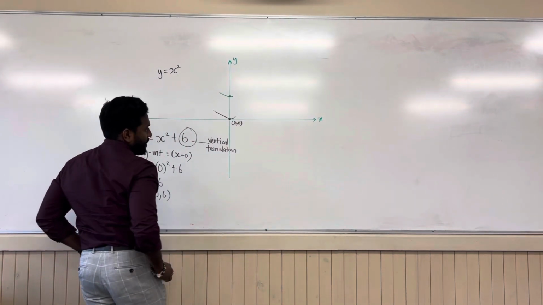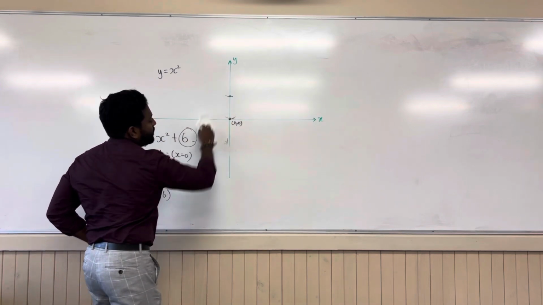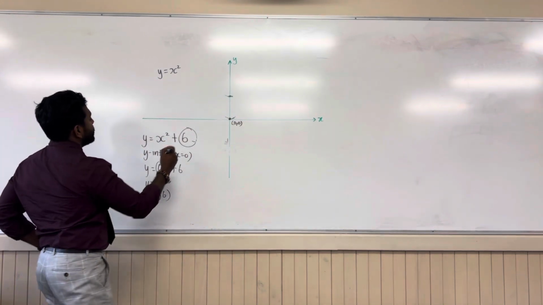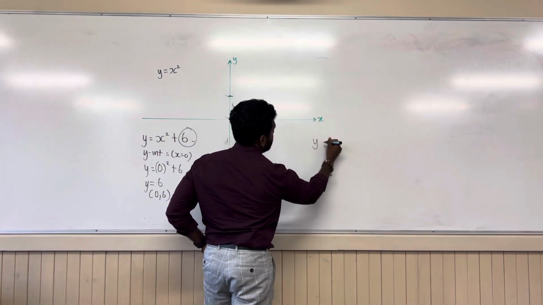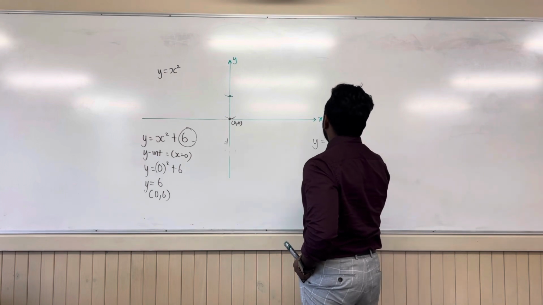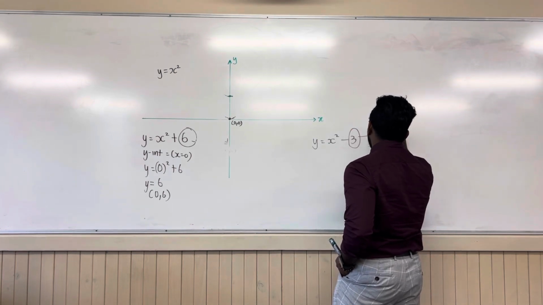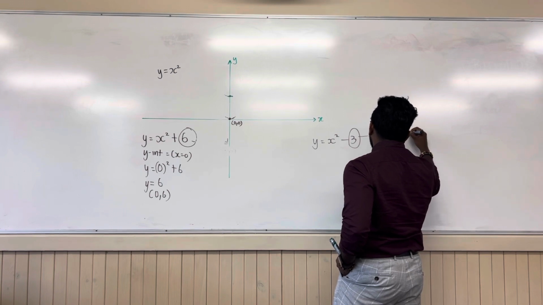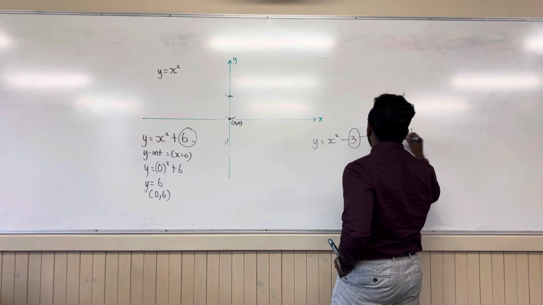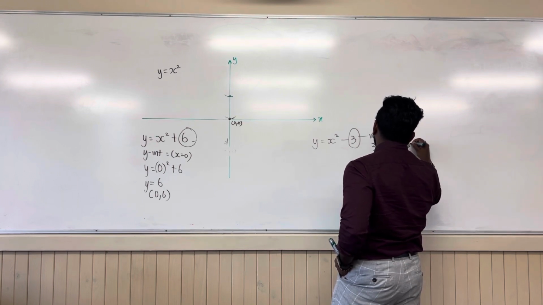So let's say, for example, you had y is equal to x squared minus 3. That means this is going to go vertical. That's a vertical translation, but it's going 3 units down.